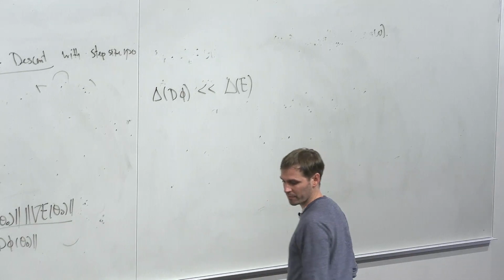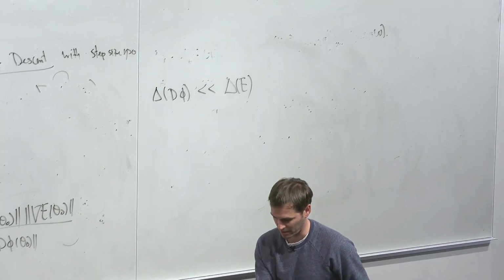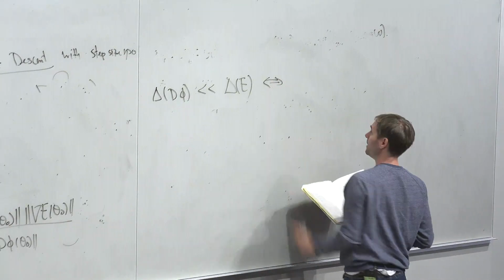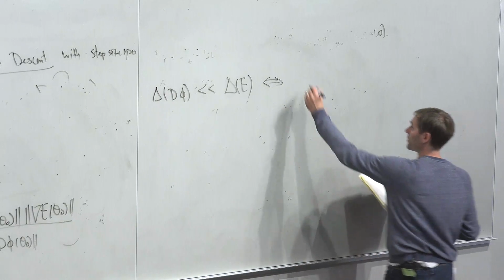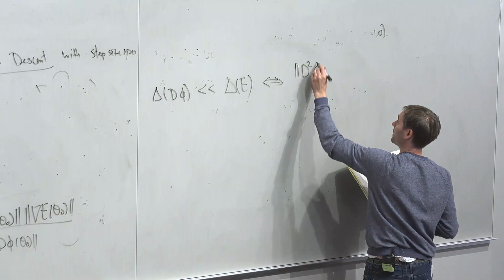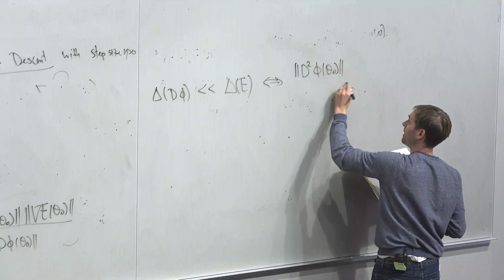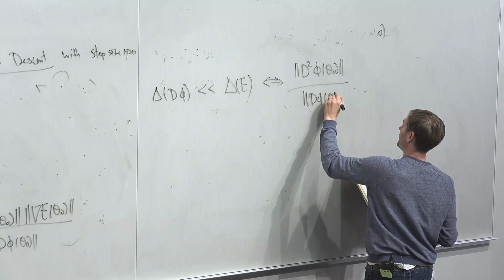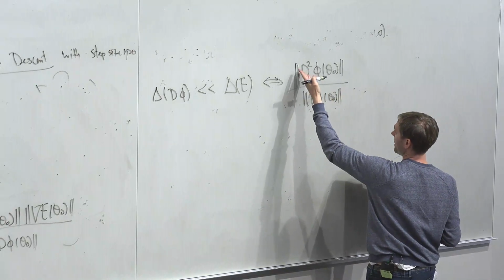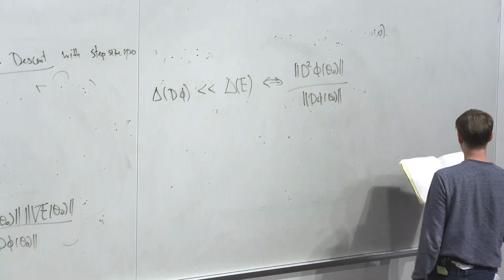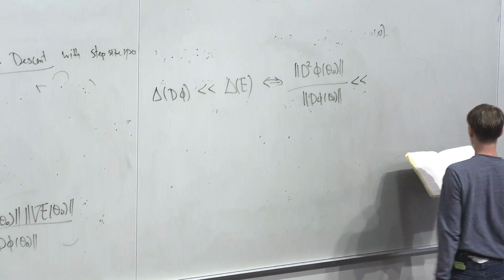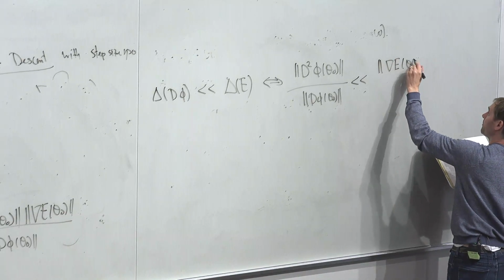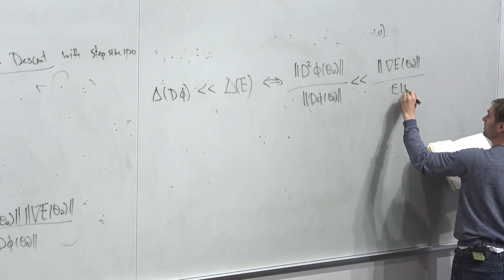Okay, so in other words, if you just rearrange the terms, just making sure that I'm not making any mistake, this is equivalent to the following phenomenon: the ratio between the Hessian and the Jacobian of the model is dominated by the gradient of the energy at time 0, by the function at time 0.